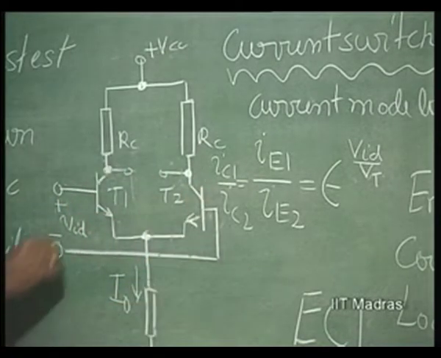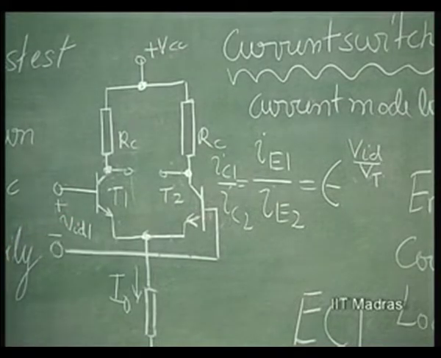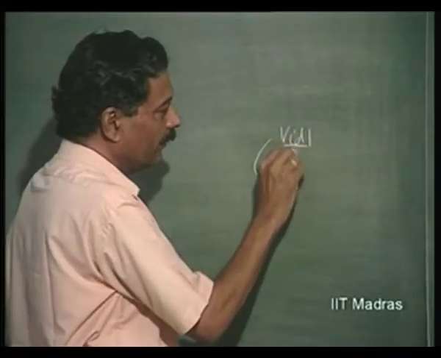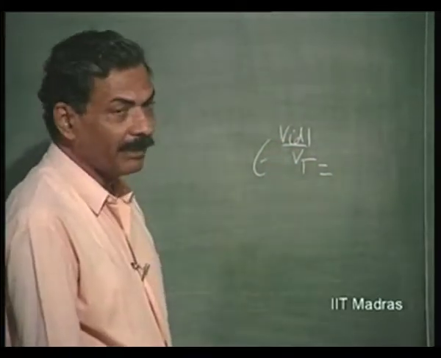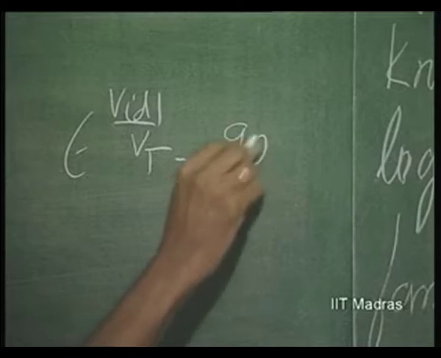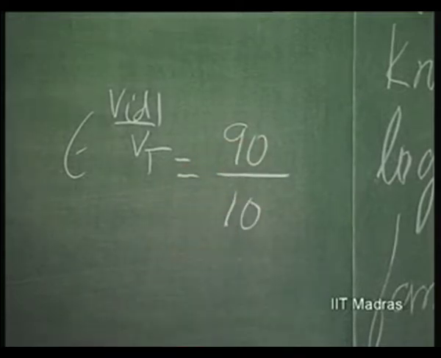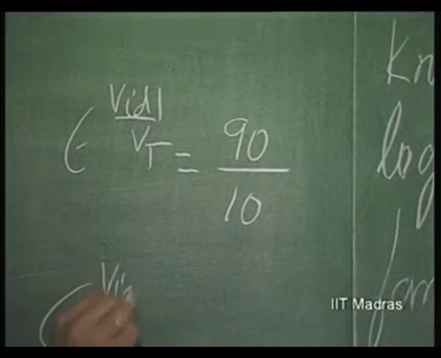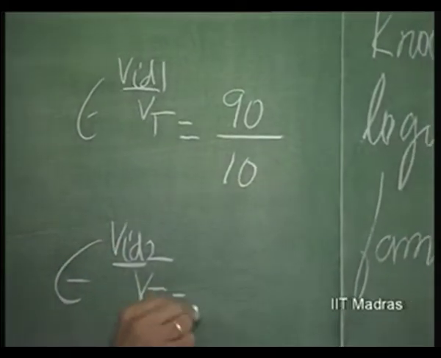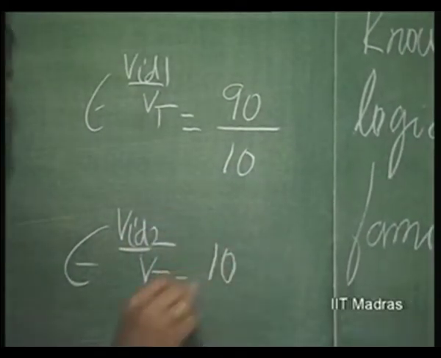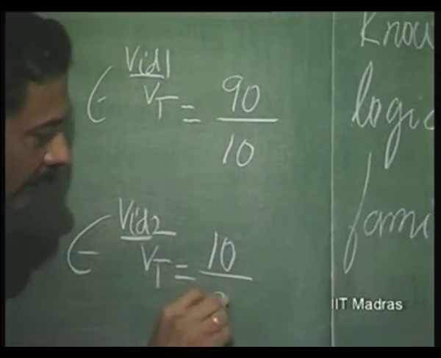Let us therefore call VID1 that voltage where exponent VID1 by Vt is equal to IE1 is 90% and IE2 is 10% of I naught. Is this clear? This is one. Then exponent VID2 by Vt corresponds to this 10 and this 90.